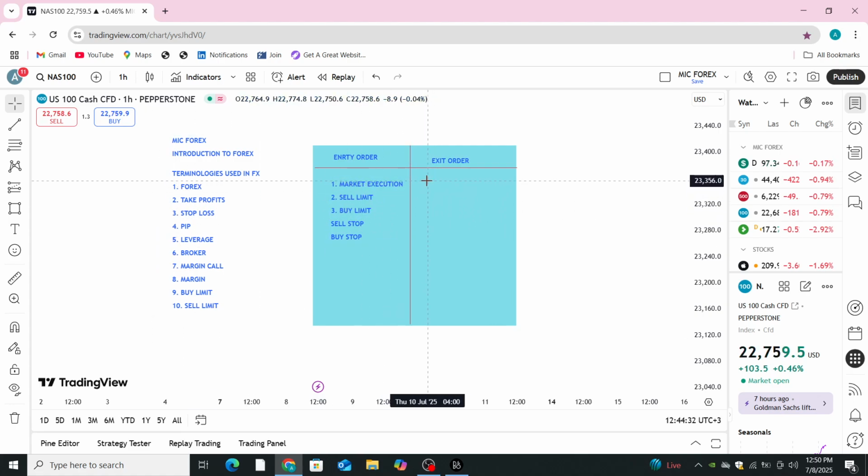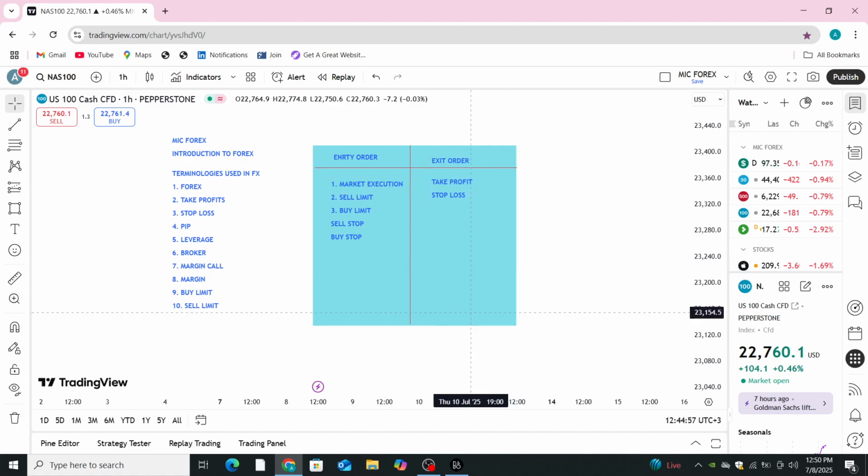For the exit model, you use orders like TP or take profit. I think there are only two here, take profit or stop loss, or just closing, because at the end of the day you just need to close your trade.